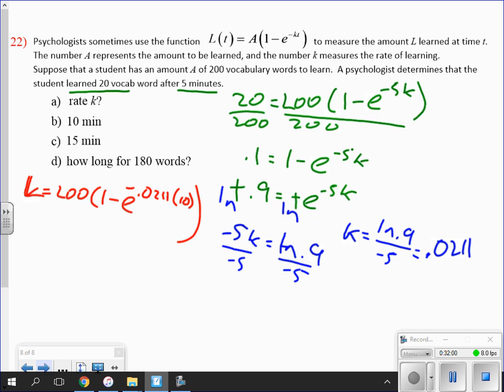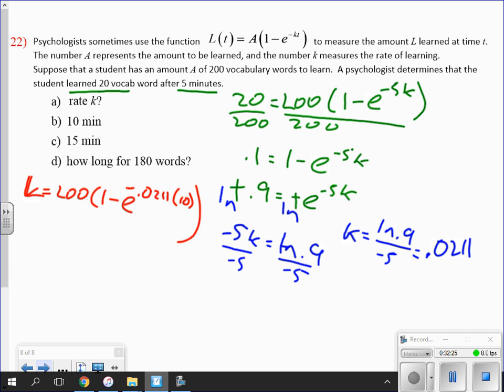Yeah, but what's the natural log of 0.9? That's a negative number. If you're taking the logarithm of a number less than 1, that number is negative. So yes, it is supposed to be a positive value there. It doesn't look like it, but when you take the log of a number less than 1, you get a negative.